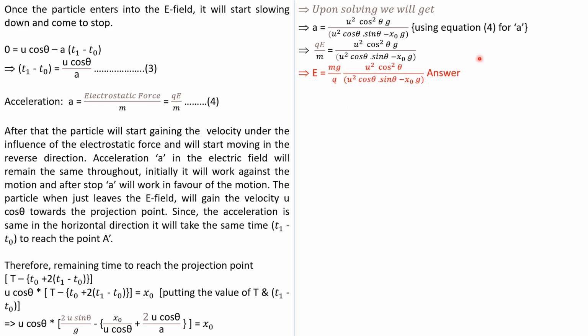So E we will get as mg by q into u square cos square theta in the numerator, and in the denominator, in brackets, u square cos theta into sin theta minus x naught into g, bracket close. So this will be the answer for your E field. Time of flight we have already derived earlier. So both the answers are with us.